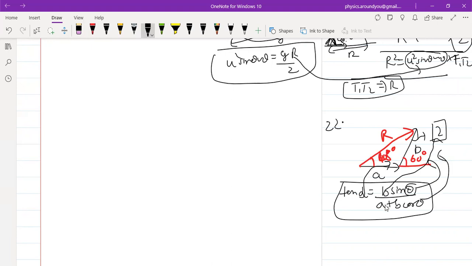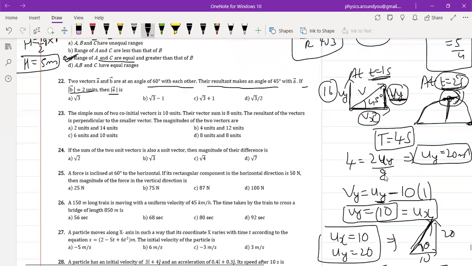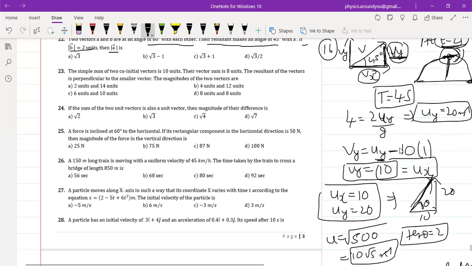You solve the equation straight away, you will get the value of A in one shot, right? So tan alpha is B sin theta by A plus B cos theta, where theta is the angle between the vectors, 60, and alpha is 45, the angle made by the resultant with one of the vectors, especially A over here. So that is question number 22. Now question number 23. The simple sum of two co-initial vectors is 10.